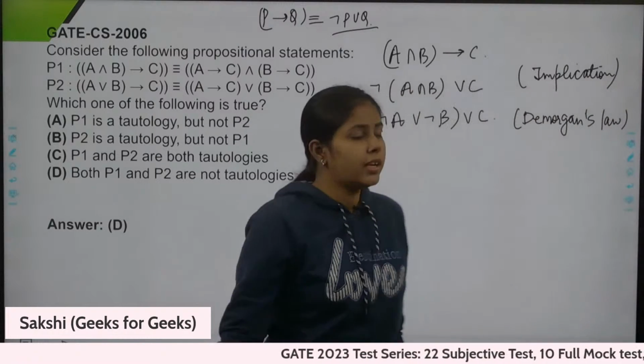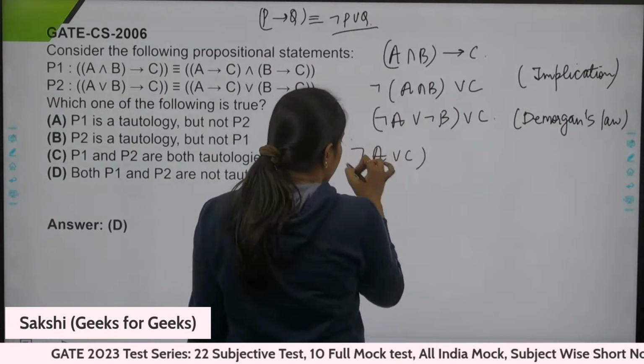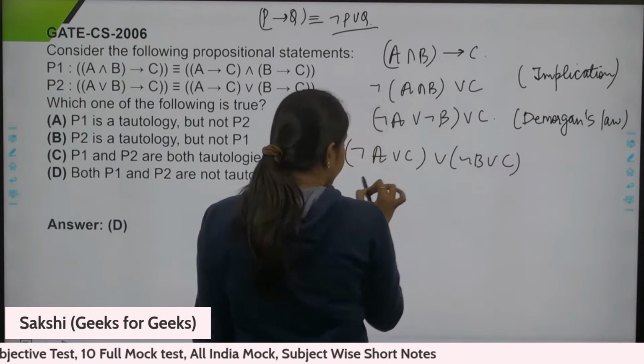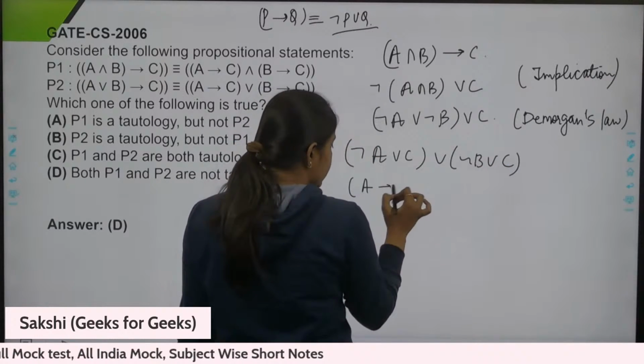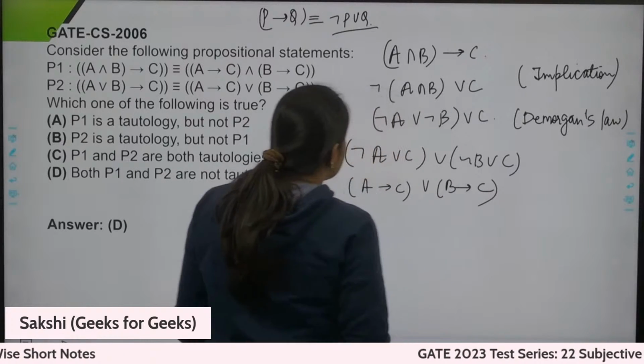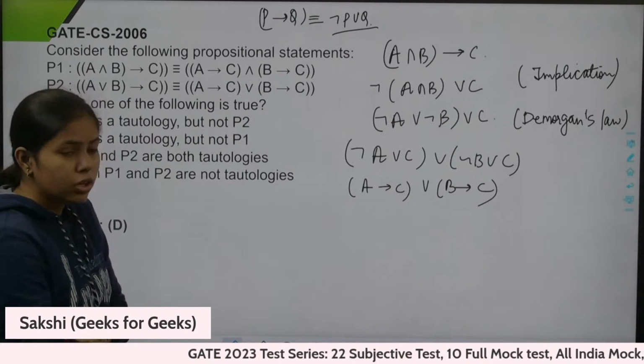Now, can I use the distributive law here? What would I get? Negation of A or C, or negation of B or C, right? So what would it become? A implication C or B implication C. So this A and B implication C is equivalent to A implication C or B implication C.